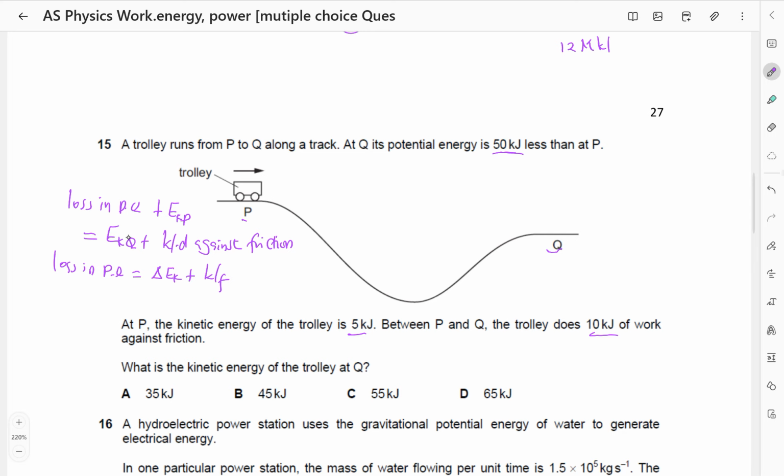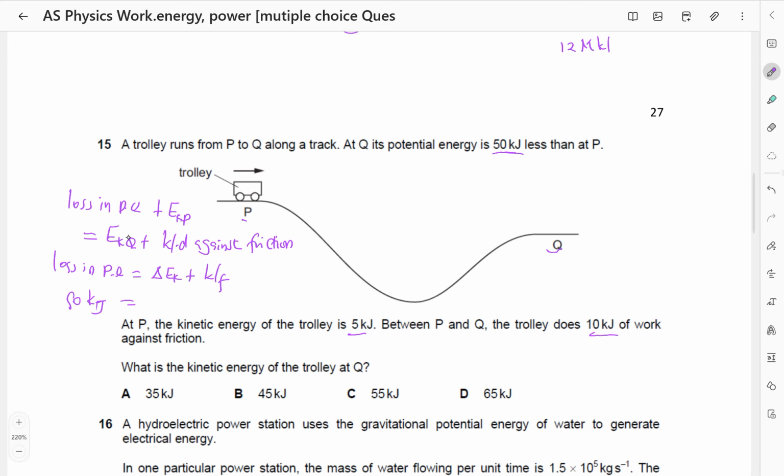At Q, its potential energy is 50 kilojoules less, so the difference is 50. So I will say 50 kilojoules is equal to the difference in kinetic energy, which we have kinetic energy at Q minus the kinetic energy at P.